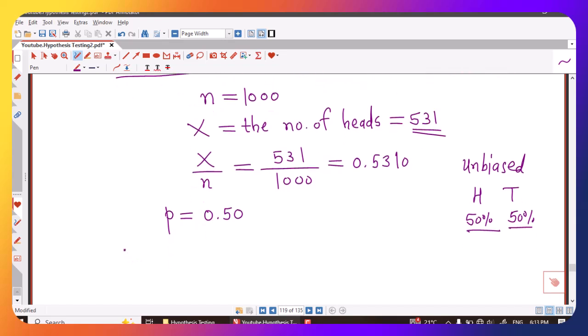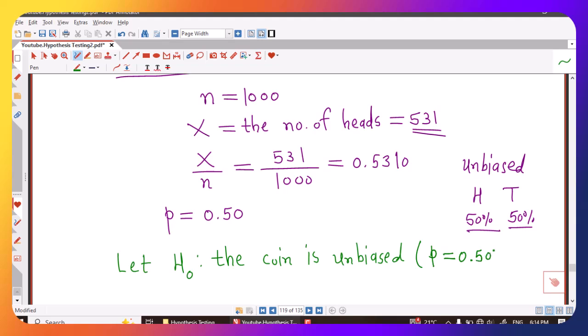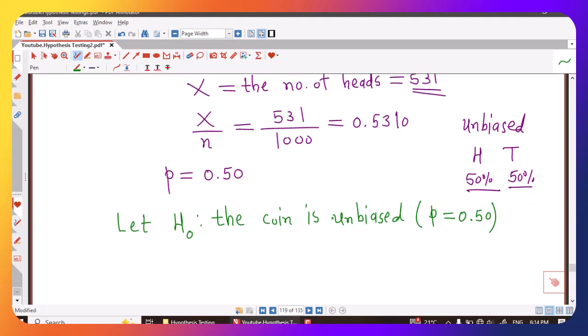So we will consider our null hypothesis H0 as the coin is unbiased, and mathematically this means the proportion of heads is 0.50.